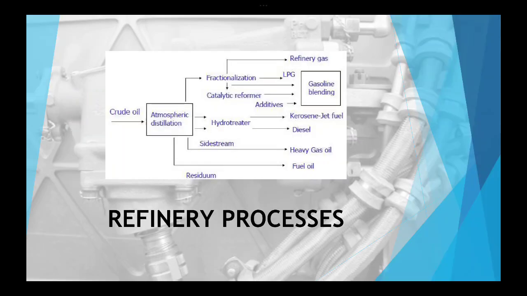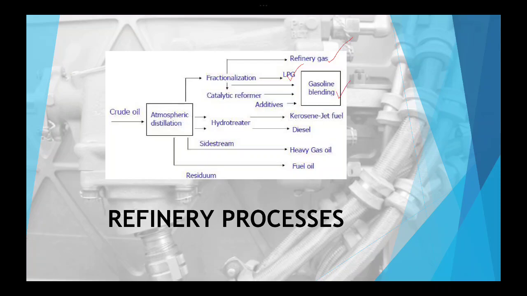Let me first show the refinery processes. Crude oil undergoes different processes, so let me have a diagram first. Crude oil undergoes atmospheric distillation. If it undergoes the next process, fractionalization, it would produce refinery gas and LPG. If it undergoes another process from fractionalization to the catalytic reformer and you add some additives, you get gasoline blending.